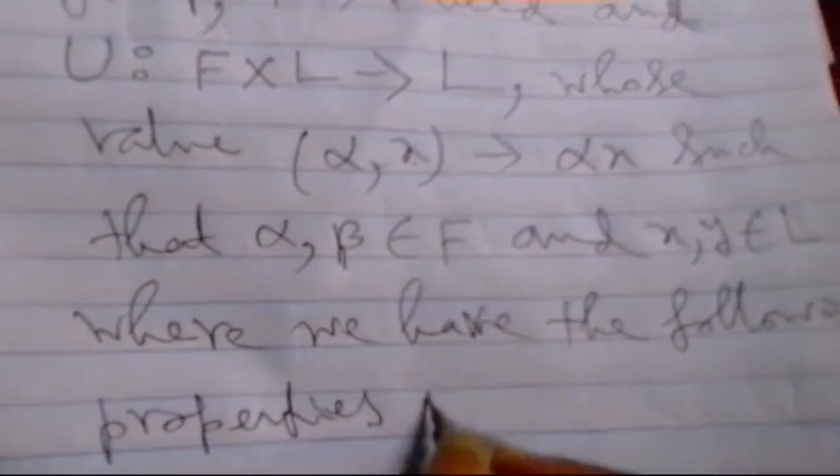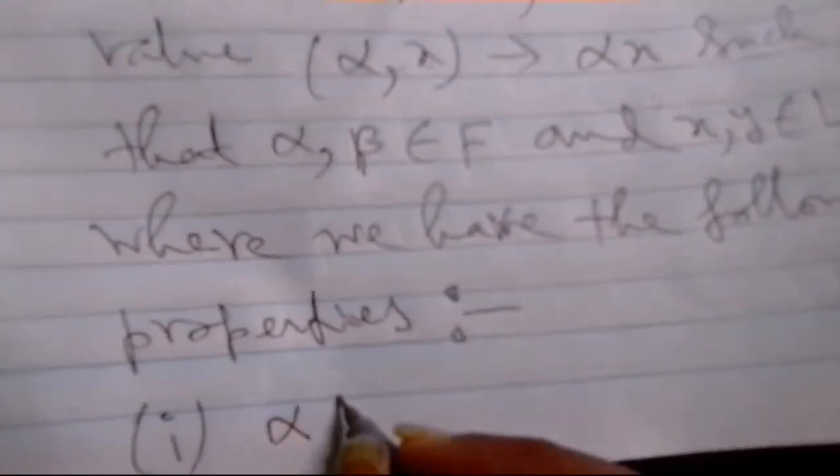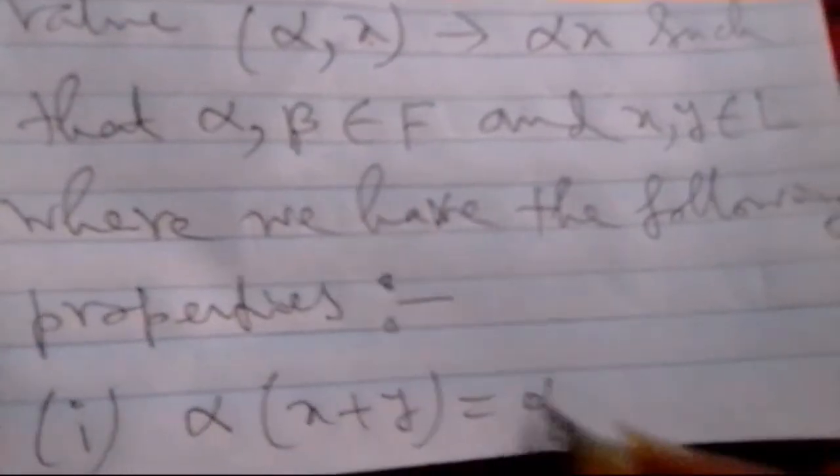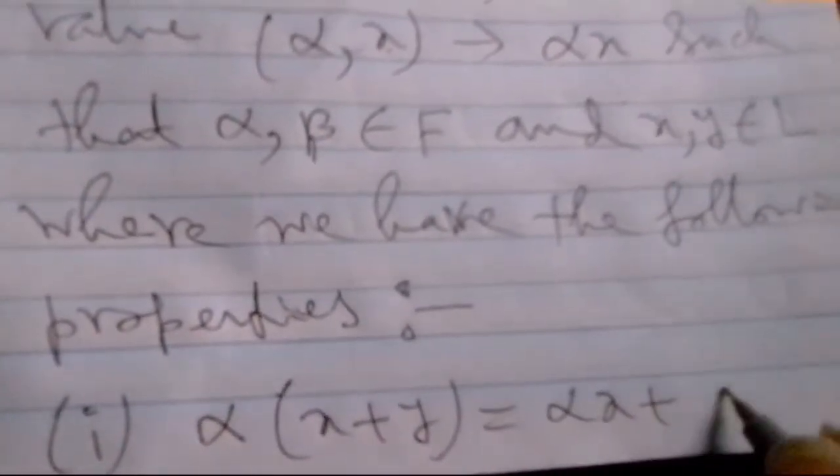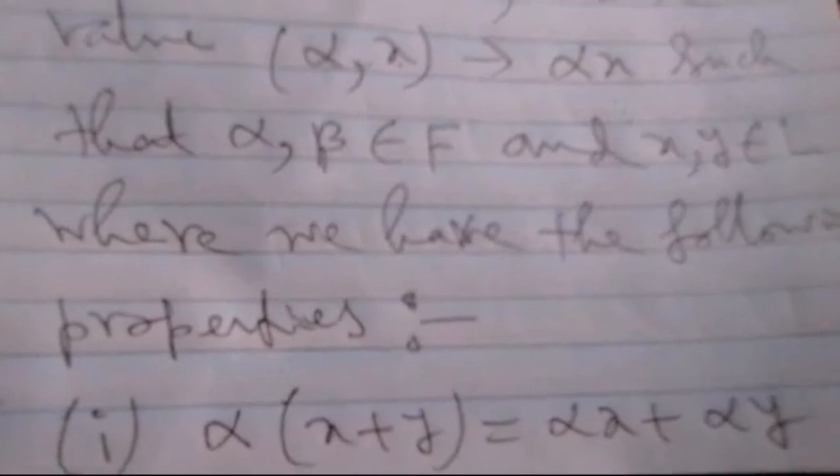Property number one: if alpha is an element of the field, and the external composition operates on x and y, elements of L, we get alpha x plus alpha y.